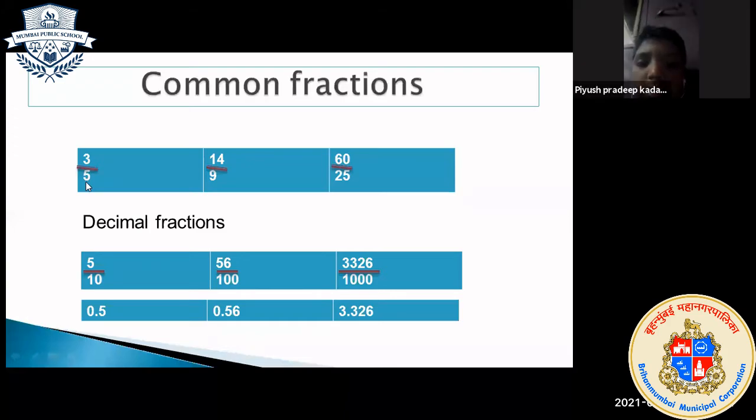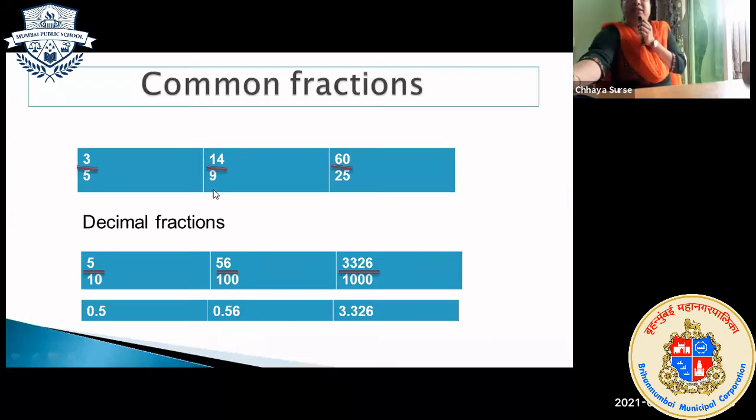See the denominator. Here the denominator is 5, here 9, and here 25 in the common fractions. In the decimal fractions, here is 10, 100, 1000. These are powers of 10. In the decimal fractions, the denominator is a power of 10, meaning zeros are added to 10.